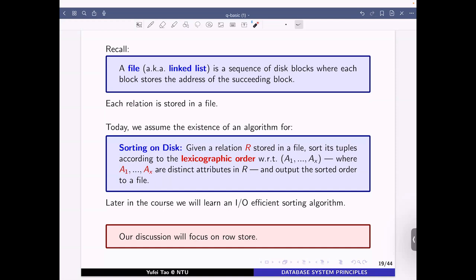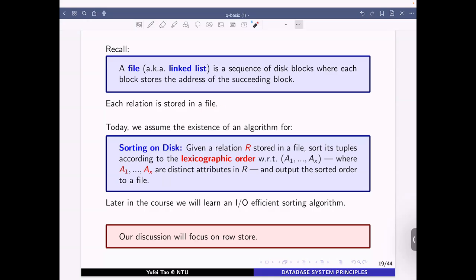Therefore, another way to describe the input to an operator is that it consists of one or more files, one corresponding to each relation. Another implication is that you are also supposed to output a file, because you are supposed to output a relation, and you have to store the relation in a file.